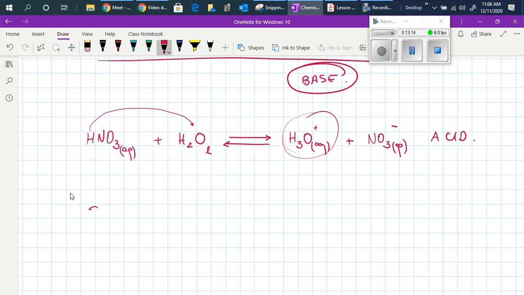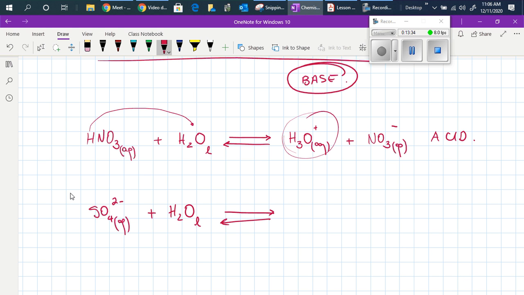Let's take a look at SO4 2 minus in aqueous solution. Okay, in aqueous solution, that means that we will have water here. So again, what is happening here?